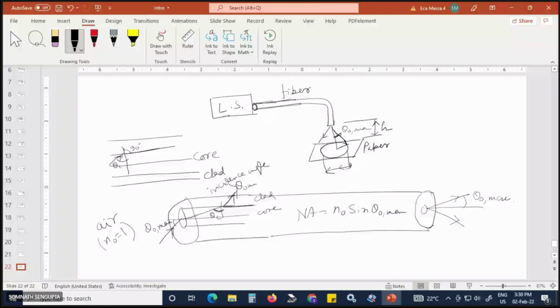So if you measure this height, and you know the spot size diameter, you calculate the radius.